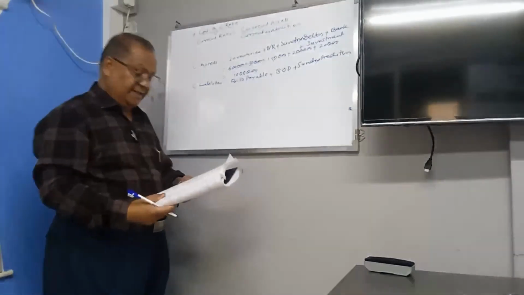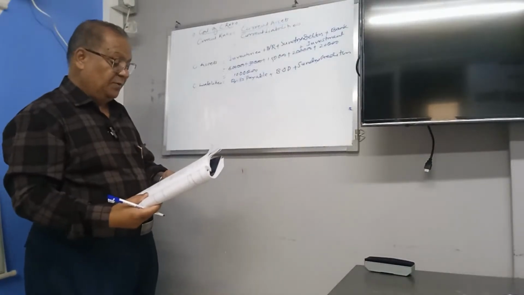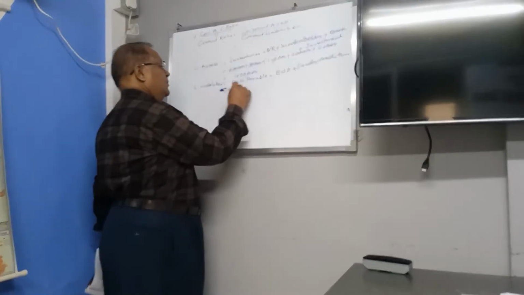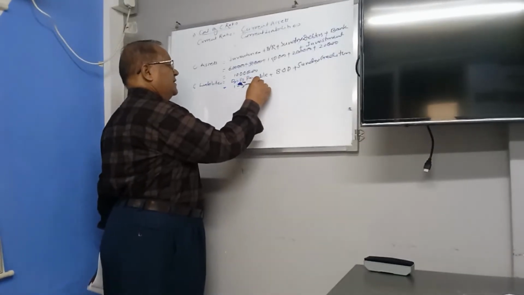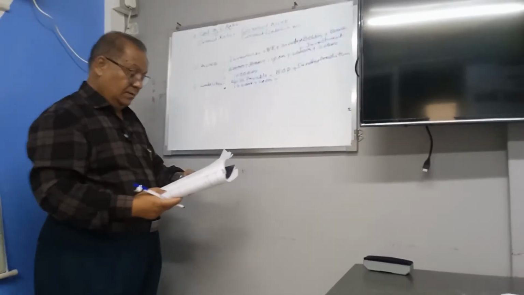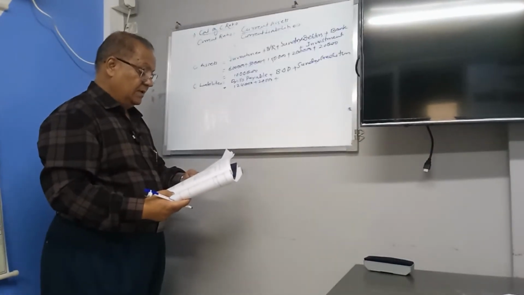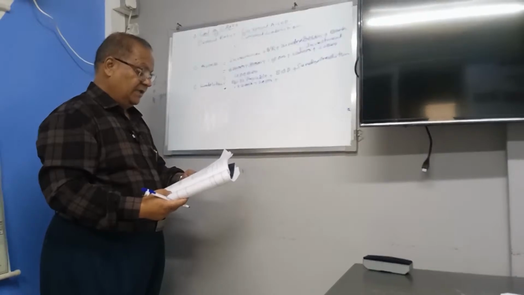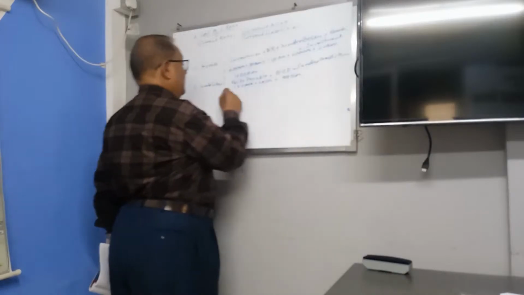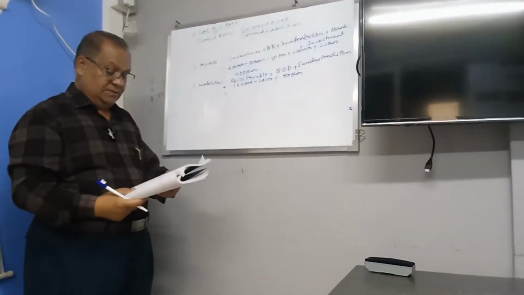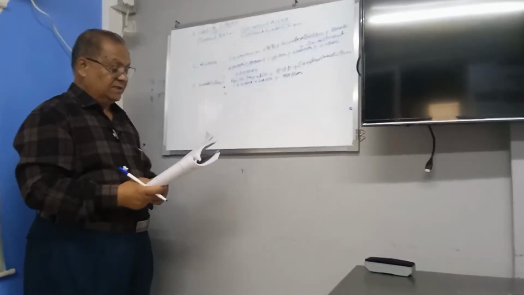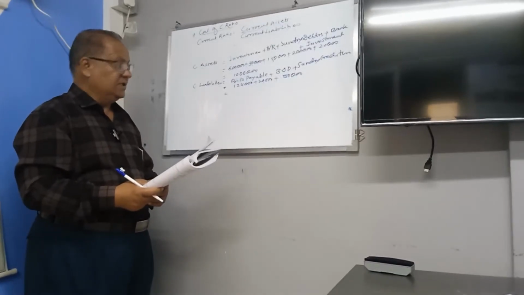In that current liabilities, we put the values now. 1,24,000 plus 20,000 plus 80,000.